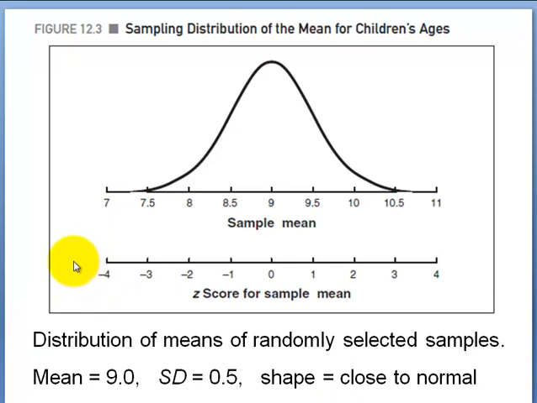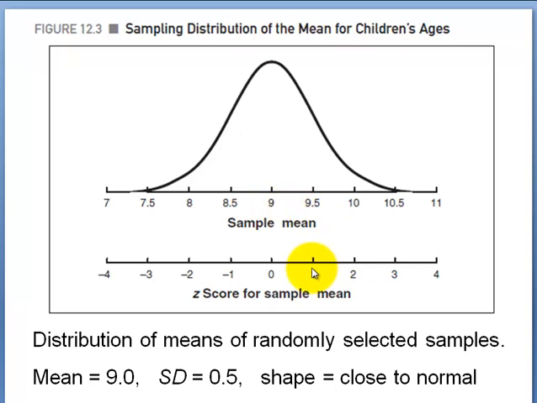You'll note I've added a second axis of z-scores, so you can see that the standard deviation of our sampling distribution is indeed 0.5, so that, for instance, 9.5 is one standard deviation above the mean in the sampling distribution.